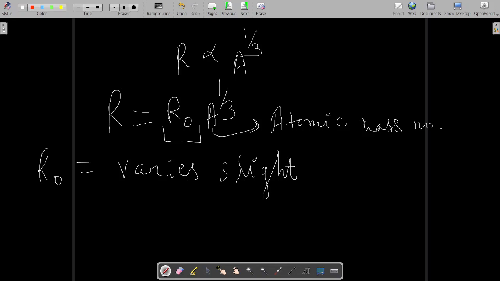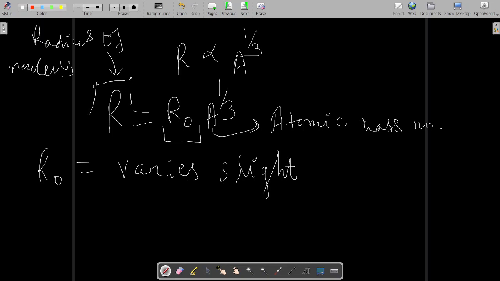Atomic mass number of the nucleus, and what is this? Radius of the nucleus. So this R naught is basically your proportionality constant.